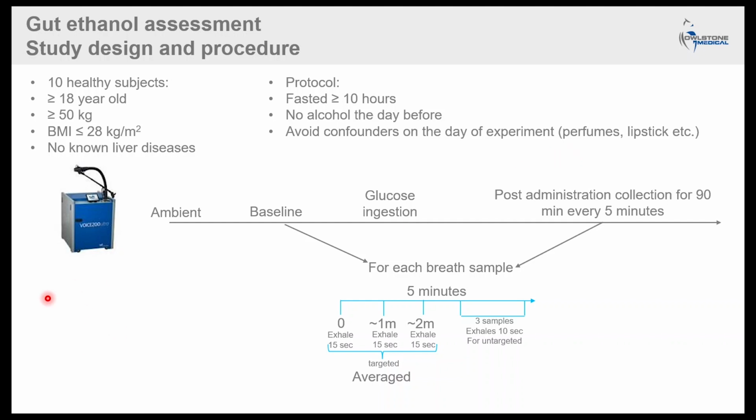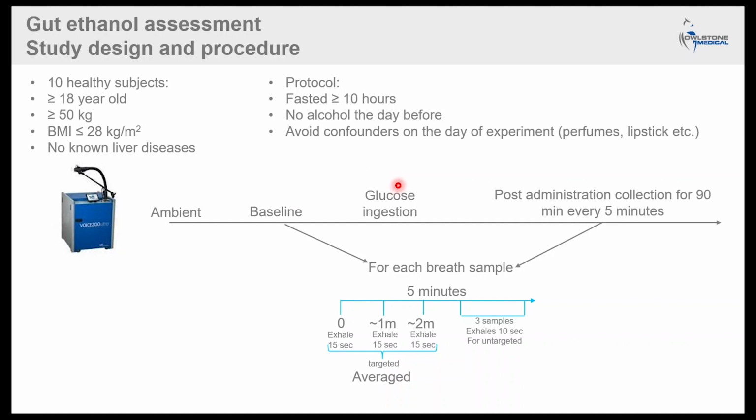We analyzed the breath by using SIFT-MS. We collected several ambient samples, and then breath samples were collected with direct sampling, meaning that the subject was blowing straight into the machine. We collected a baseline from the subjects before they ingested glucose.